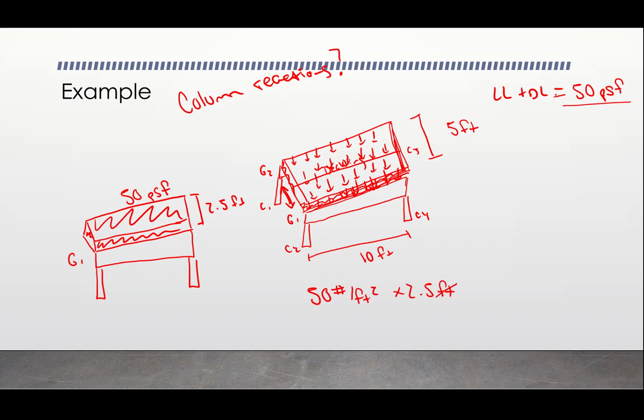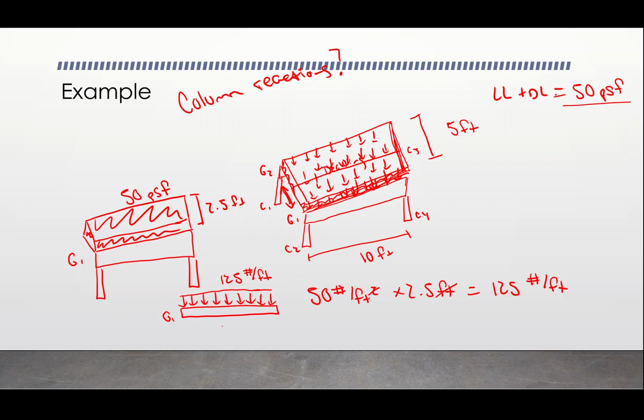Because of units, one foot gets knocked out, one of the squares gets knocked out. So I get 50 times 2.5, which is 125 pounds per foot. Now I no longer have that width. Drawing this, here is my girder 1, with just one layer of arrows, nice and 2D, at 125 pounds per foot.